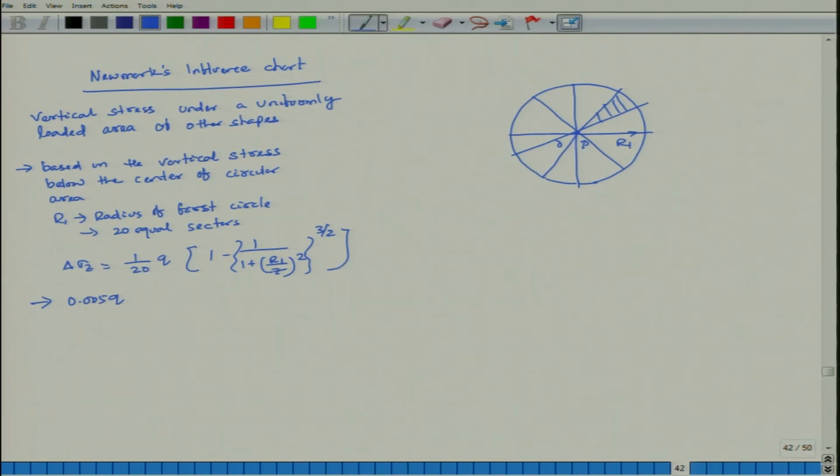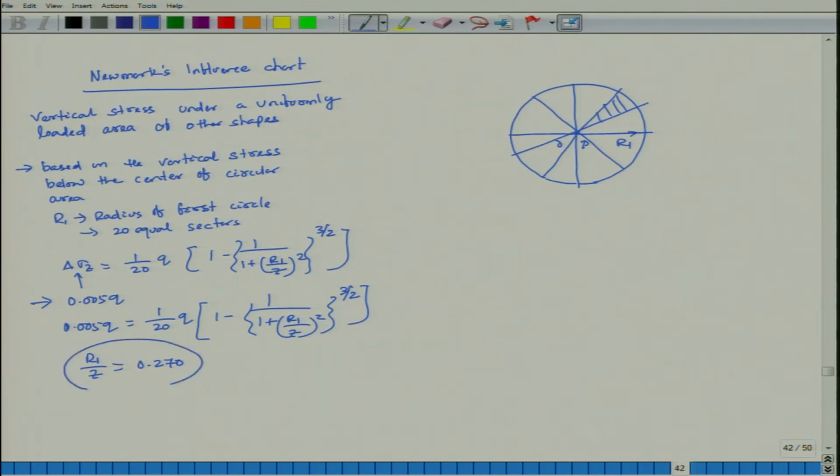From there, if I put it, delta sigma Z is equal to 0.005 q, and here 1 by 20 q into 1 by (1 plus (R1 by Z) whole square) to the power 3 by 2, then R1 by Z comes out to be 0.270.